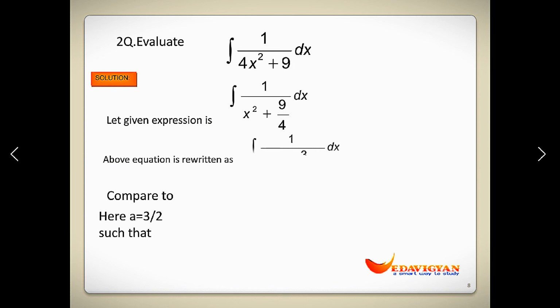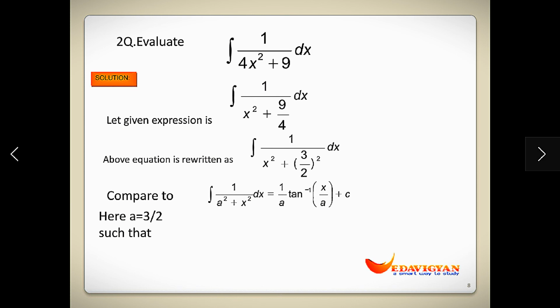This is rewritten as x square plus (3 by 2) square, since 9 is 3 square and 4 is 2 square. This is compared to the integral of 1 by a square plus x square dx, where a is equal to 3 by 2. It is the same format, and the result follows.